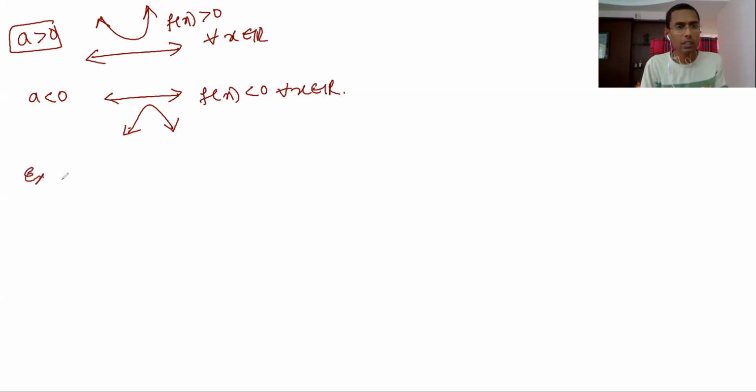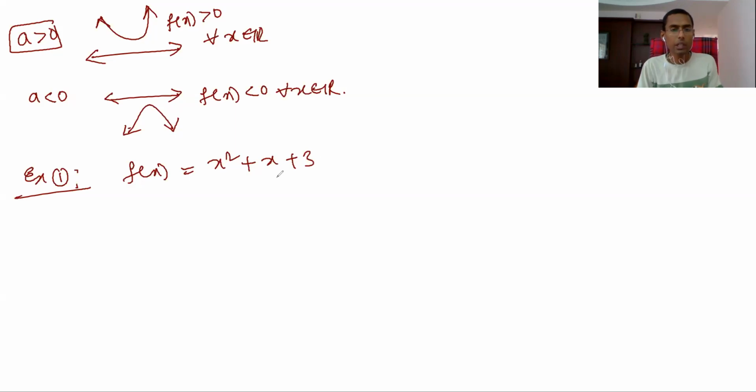Now let's take an example. What does it mean? Let's take f of x equal to x square plus x plus 3. I am taking this quadratic expression. What is delta? B square minus 4ac, so that is minus 11, less than 0.